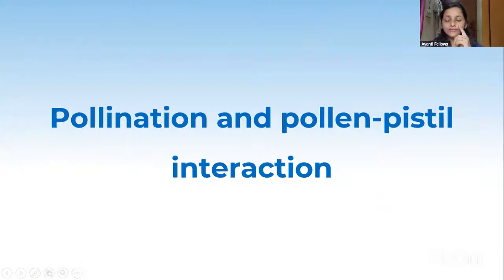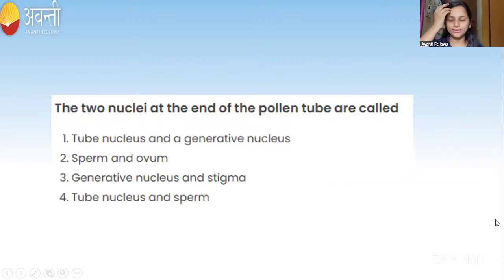Okay, in today's class, we are going to talk only about pollination and pollen-pistil interactions. So here is the question for you guys. The two nuclei at the end of the pollen tube are called? We have studied microsporogenesis, right?